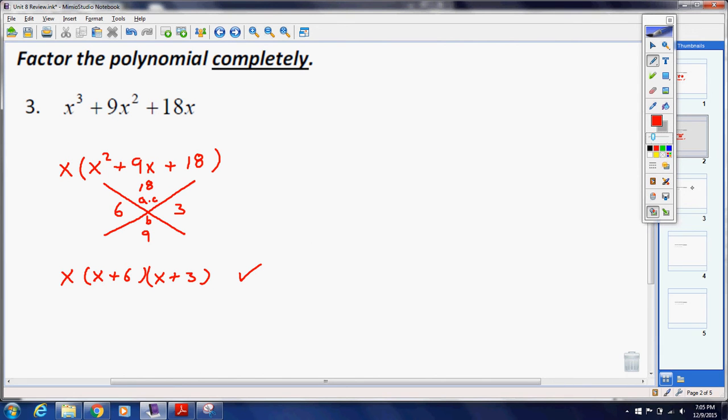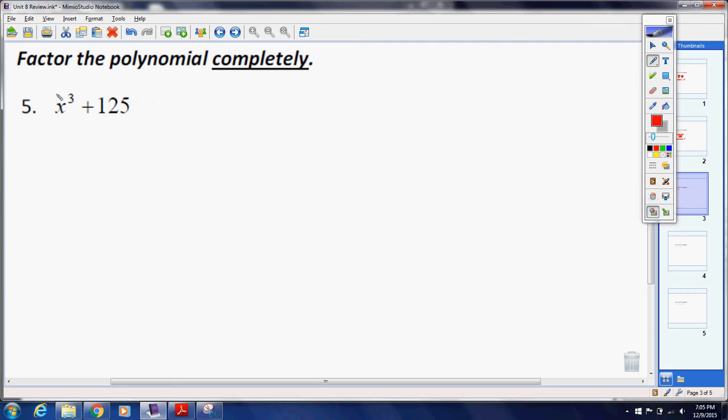All right, on to the next one. Here we have a cubic. If we look on page 354, I think it is, in our text, it will give us a little formula.